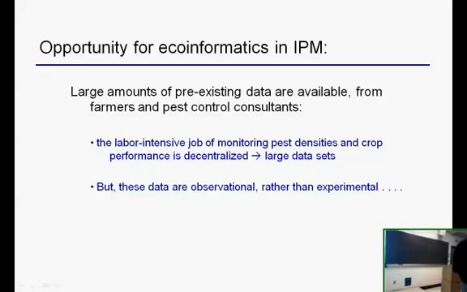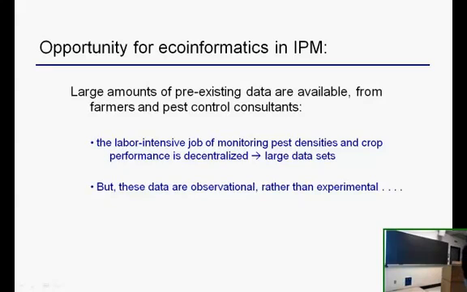So almost all farmers are monitoring their fields to understand when they have a potentially damaging population of pests. Typically, at the end of the season, those data are either thrown away or put in a dusty locker somewhere. And so what we're suggesting is that maybe that is a treasure trove of useful information.